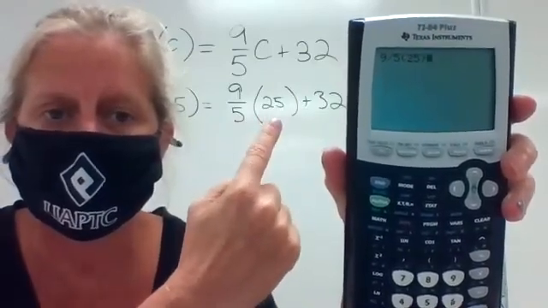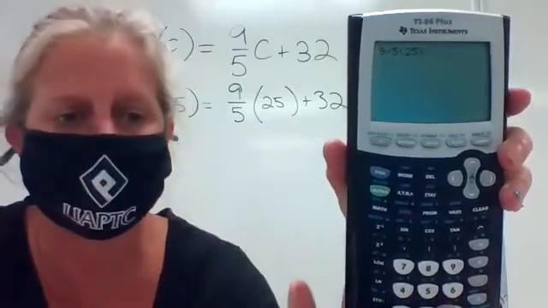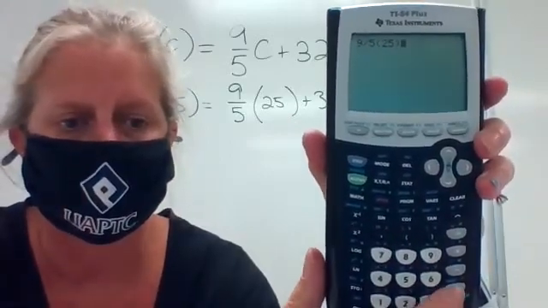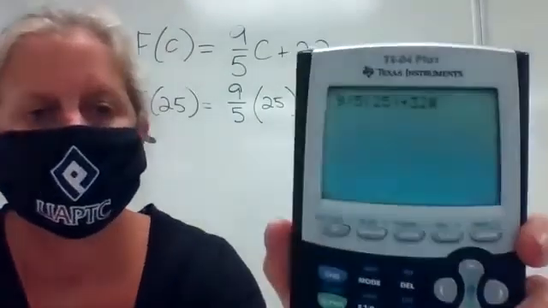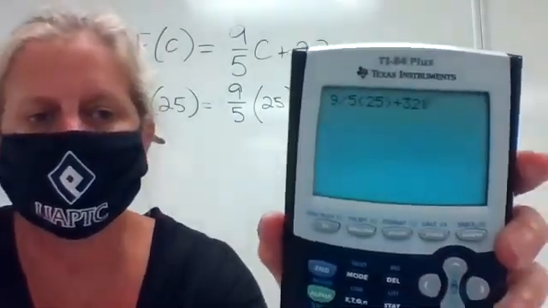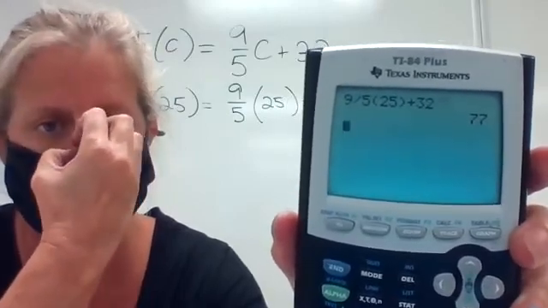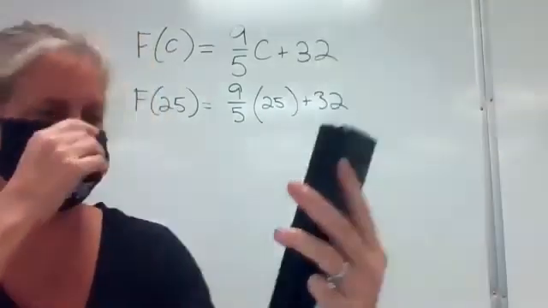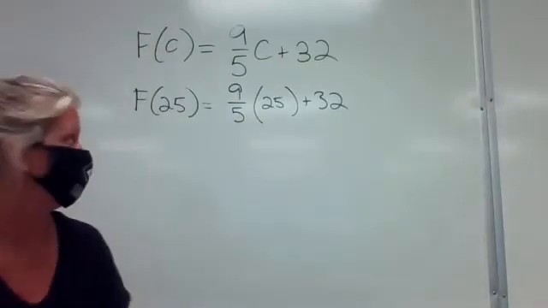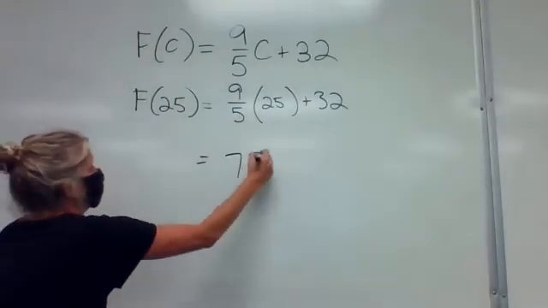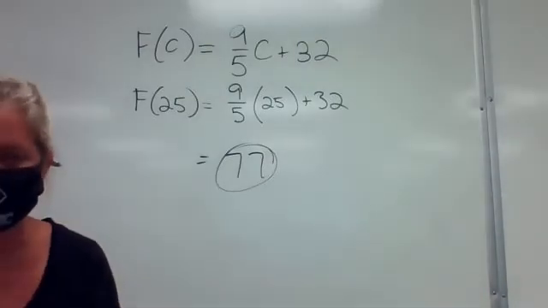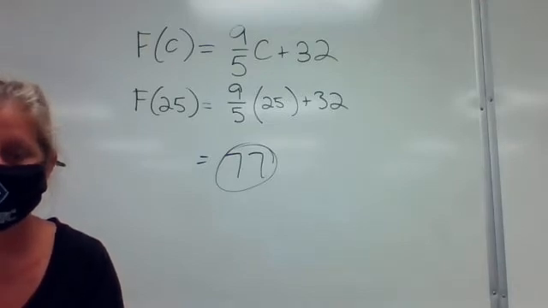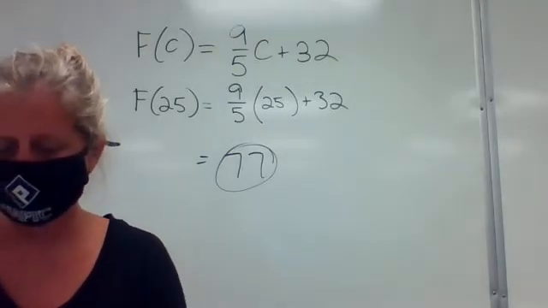So 9/5 times 25 plus 32 gives you 77. So if it is 25 in Celsius, it is 77 in Fahrenheit. That's a good word. Okay.